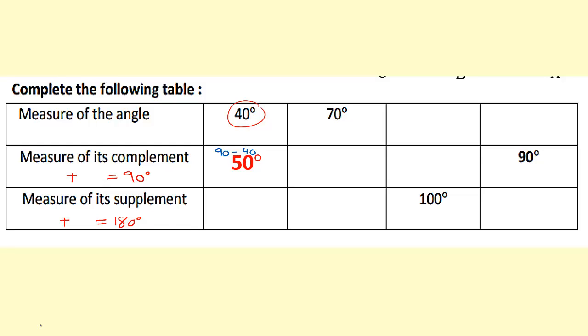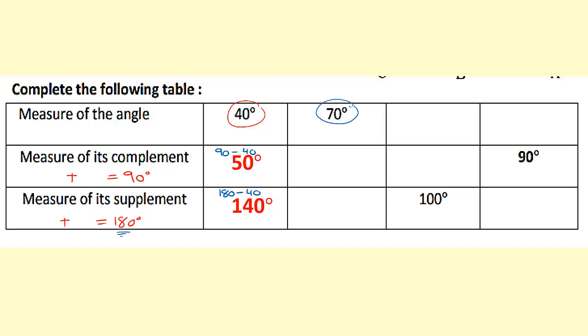We know that the sum of any two angles that are supplements must add up to 180 degrees. I have one of them which is 40. So, to have the supplement of this angle, I will make 180 degrees minus 40 degrees, and my answer is going to be 140 degrees. Pause the video and complete the second column by yourself and then come back to compare your answers.